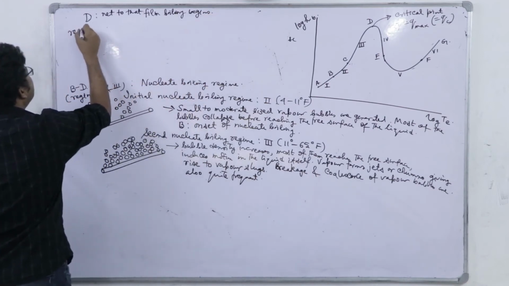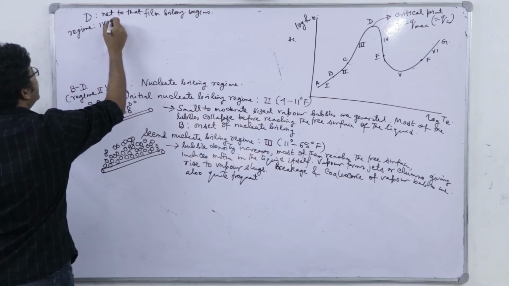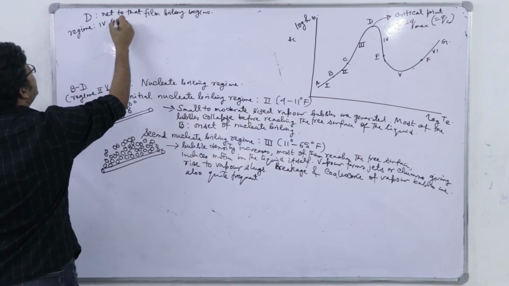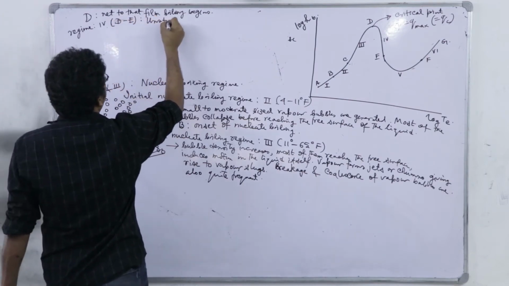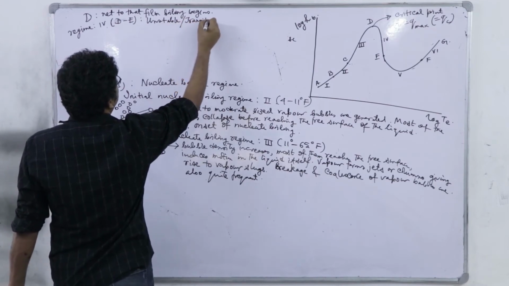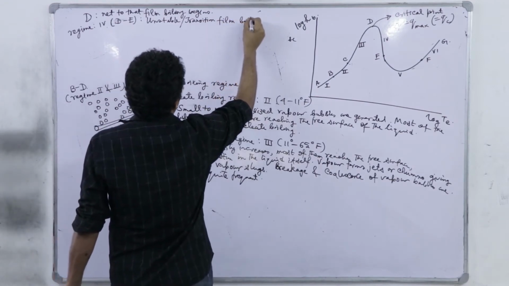So, regime 4 which is from D to E. This region is called or referred as unstable or transition film boiling.